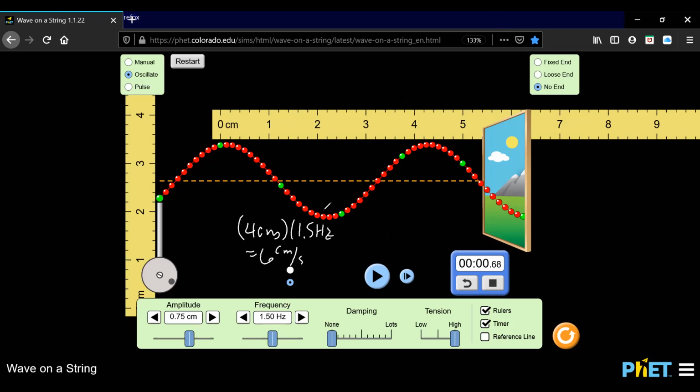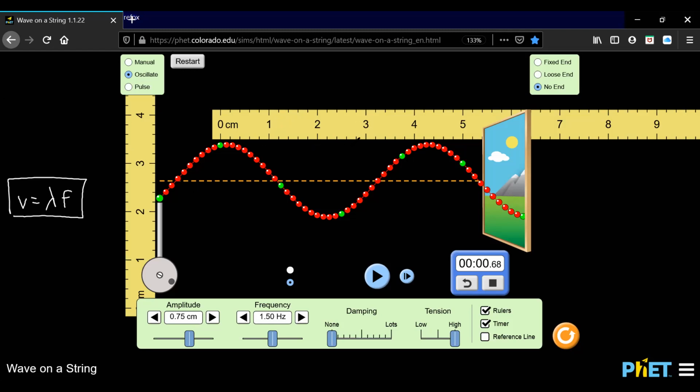And so the equation that is most often remembered for the speed of a wave, at least in the introductory setting, would be that the speed of the wave, V equals lambda times F. That's a very common equation for the speed of a wave.